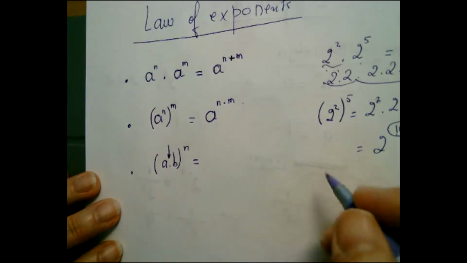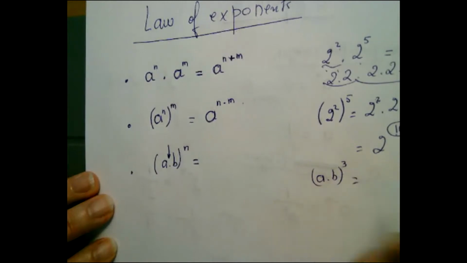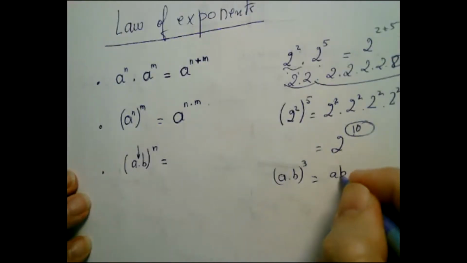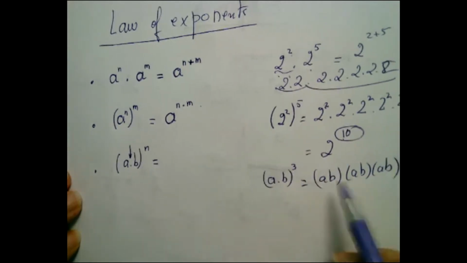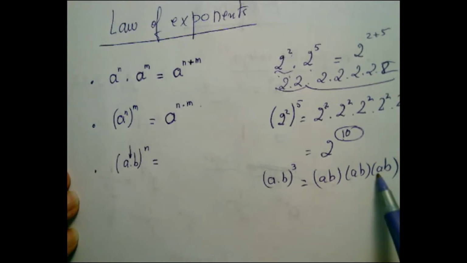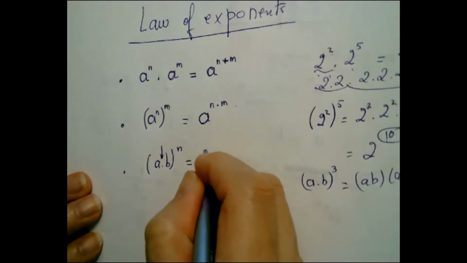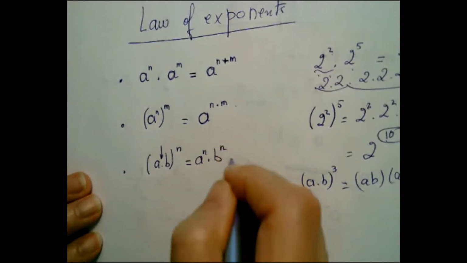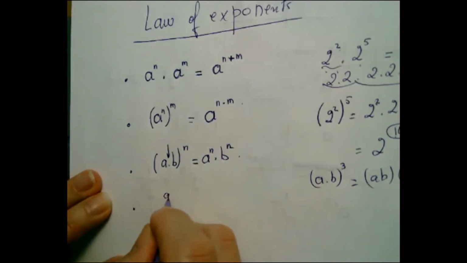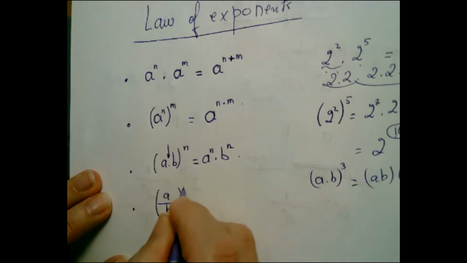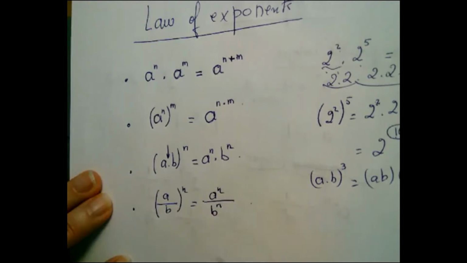Again, if I take ab to the power 3, what does it mean? ab times ab times ab. So how many a's do I have? 1, 2, 3. a to the 3 times b to the 3. So this is a to the n times b to the n. Okay. Now the other property which works the same. If I have a over b to the n, I will have a to the n over b to the n.